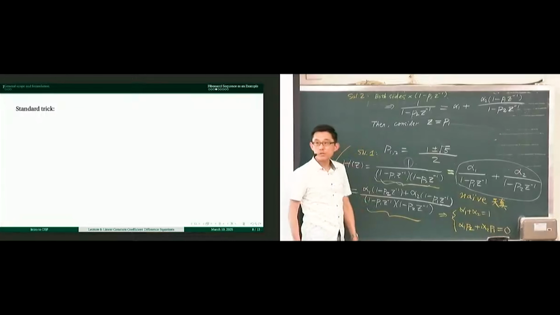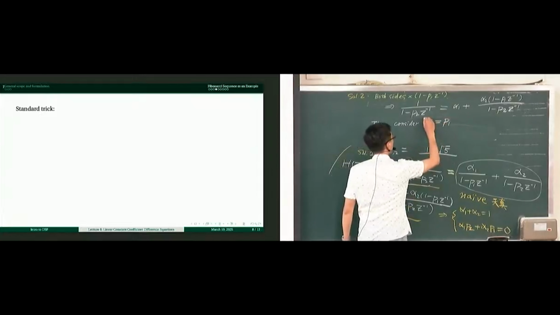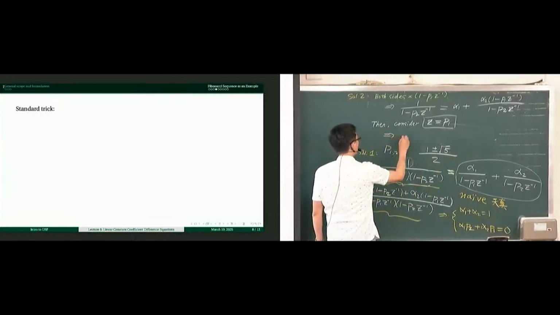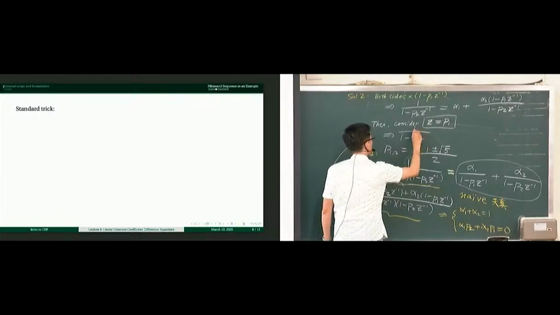Then what do you see? Then what do we have? You see what's going on? Right? If we just evaluate both sides of the equation at Z equals to P1, then 1 minus P2 divided by P1, right?